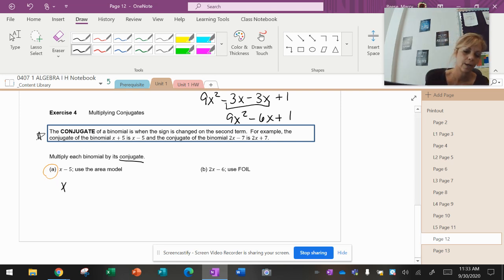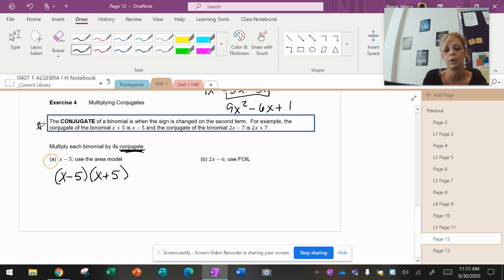So instead of x minus 5, the conjugate of that would be x plus 5. They create a very special type of result with special product. So if it says multiply each binomial by its conjugate, the conjugate of x minus 5 is x plus 5.